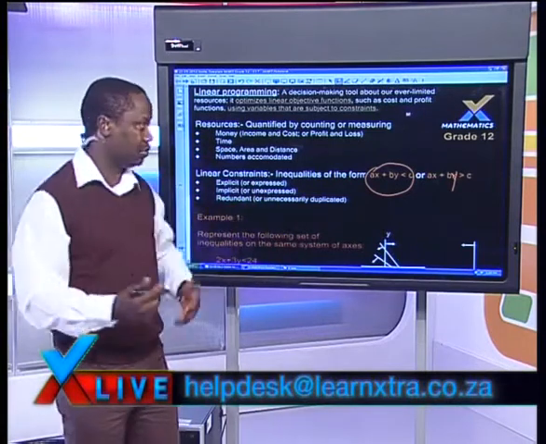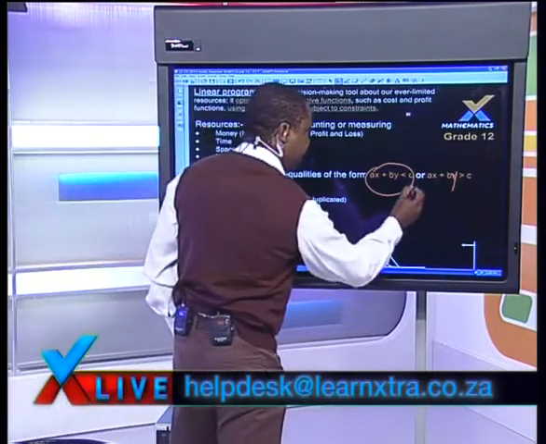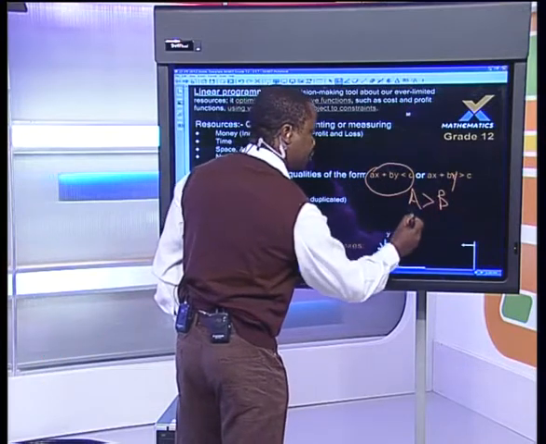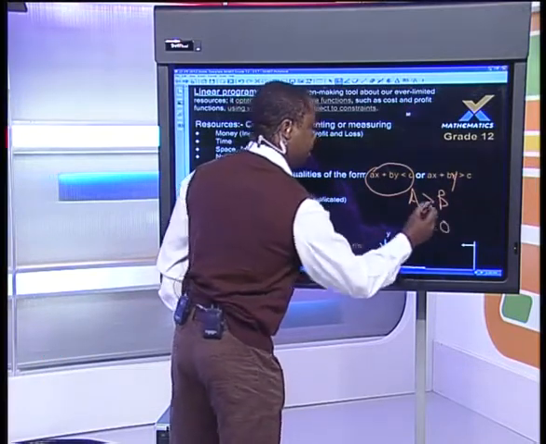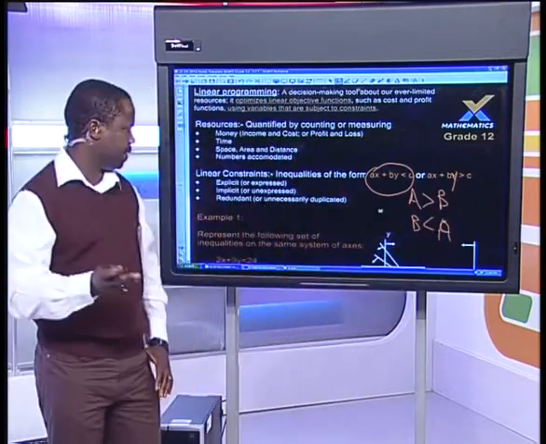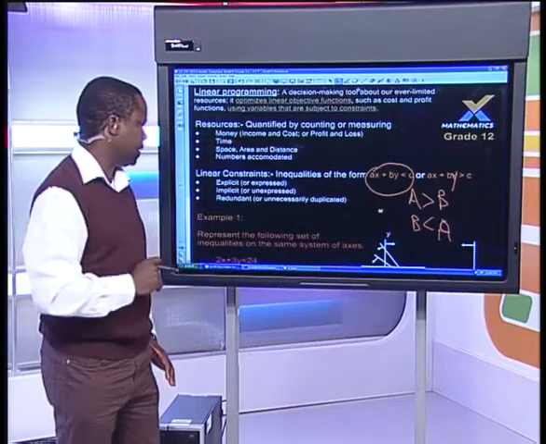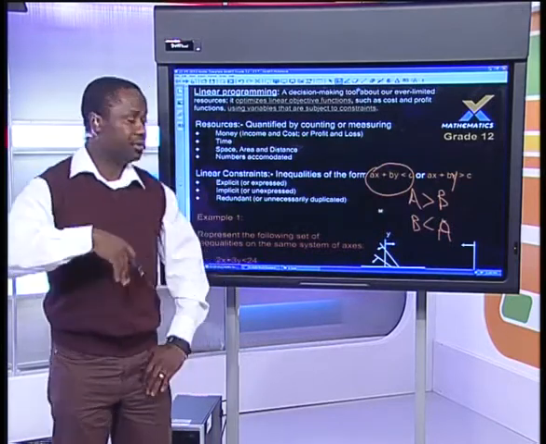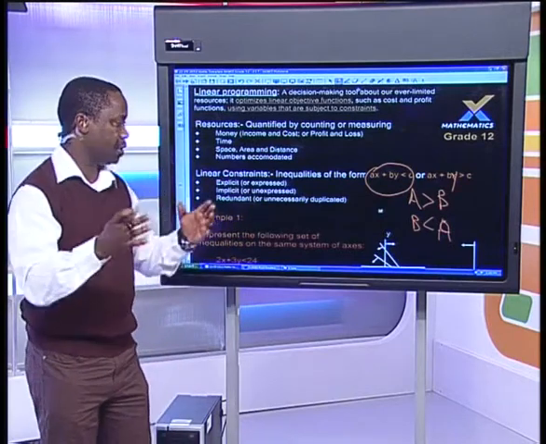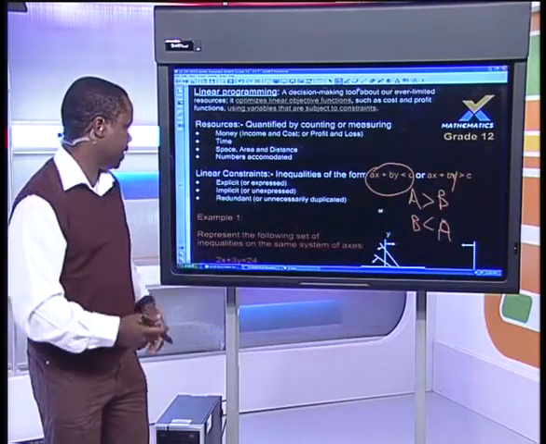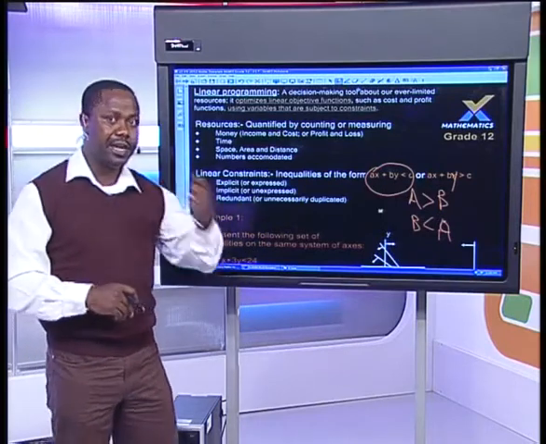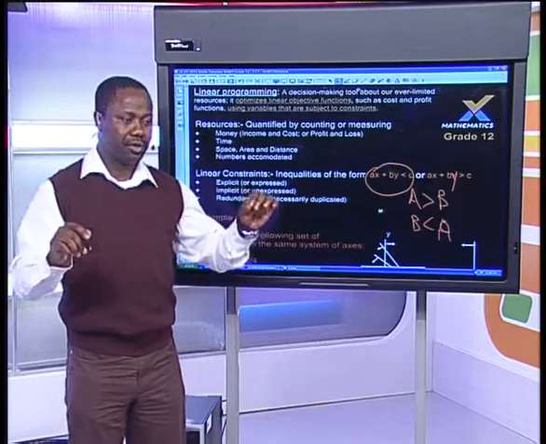So that's what I mean by implicit constraints. Then you have redundant constraints, those that are mentioned, but really they have no impact on the problem that you're doing. All right?